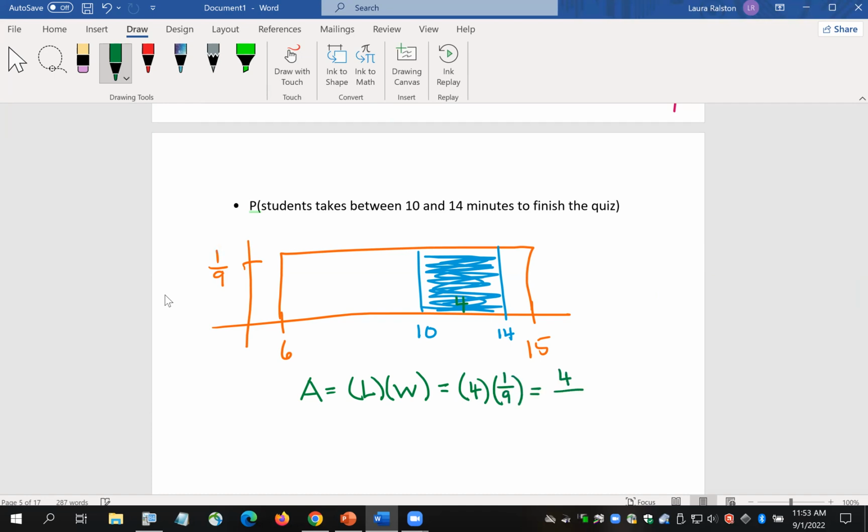So we have 4/9. Or again, if you convert that to a decimal, 4 divided by 9, that's going to be approximately 0.4444. So there's about a 44% chance that it takes a student between 10 and 14 minutes to finish the quiz.